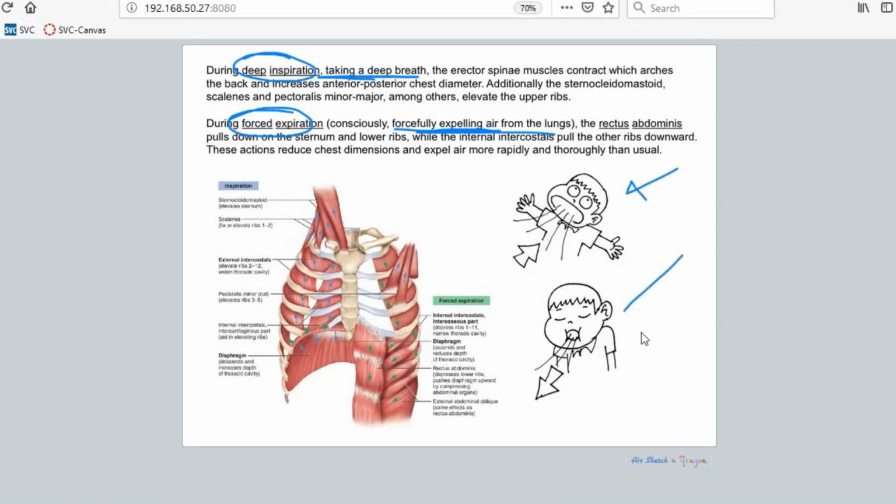And you can consciously do both of these. My point here is that when you do this, there's other respiratory muscles involved. Okay, so during deep inspiration, for instance, the back muscles are involved, along with the sternocleidomastoid, the scalenes, and some of the pectoralis muscles. These are all involved in deep inspiration.